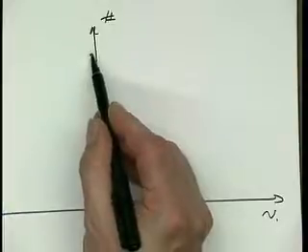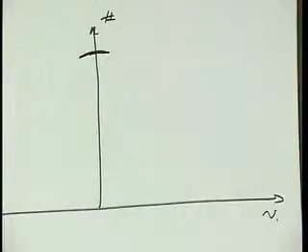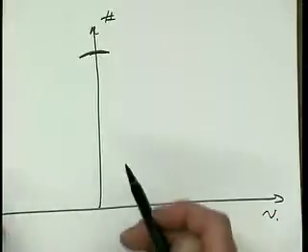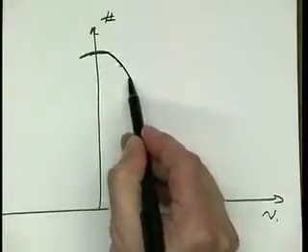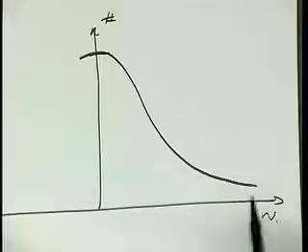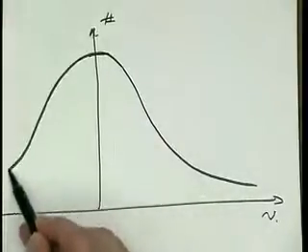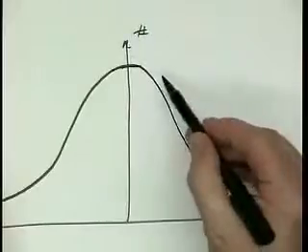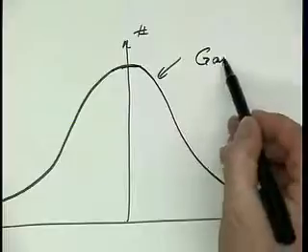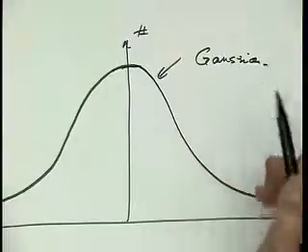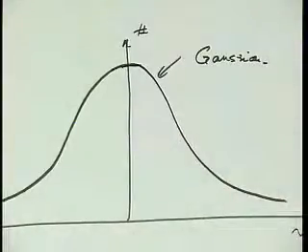Not too surprisingly, most of the time the voltage is actually going to be very small, 0 or just very small. And then with smaller probability, the voltage is going to be large. And the shape of this thing is a Gaussian hat function.